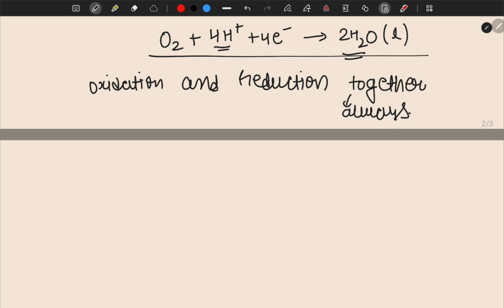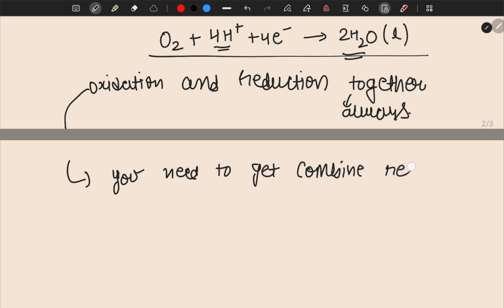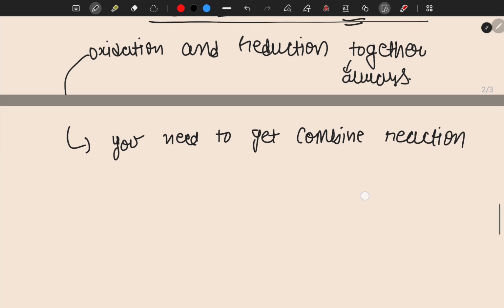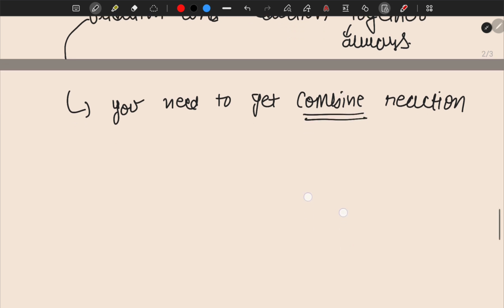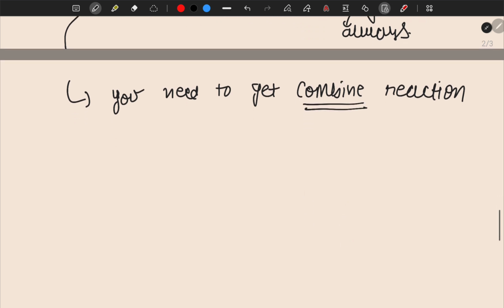Okay, you need to get a combined reaction from them. So now again revising the concept of half reaction, how do we get this combined reaction? The easiest way to get the combined reaction is first write your oxidation reaction.